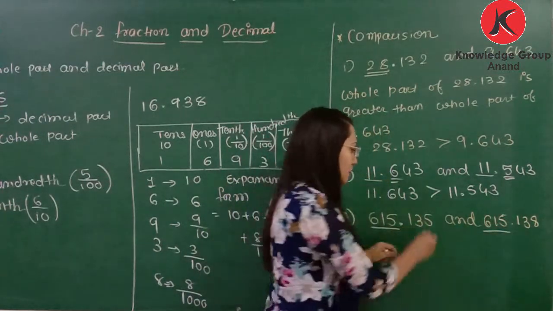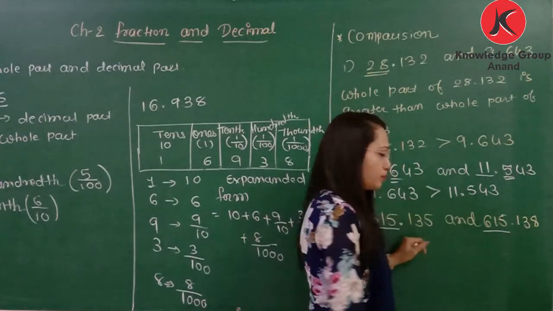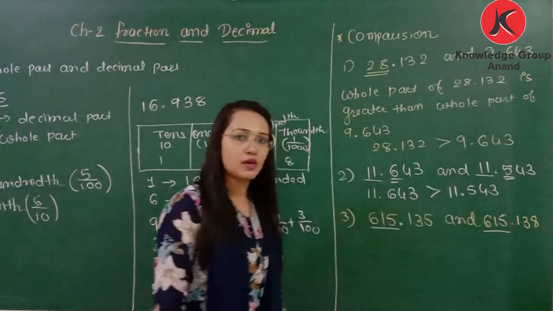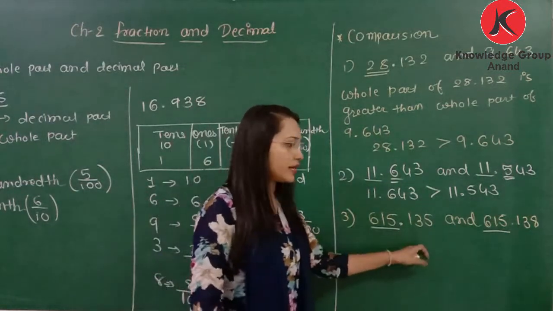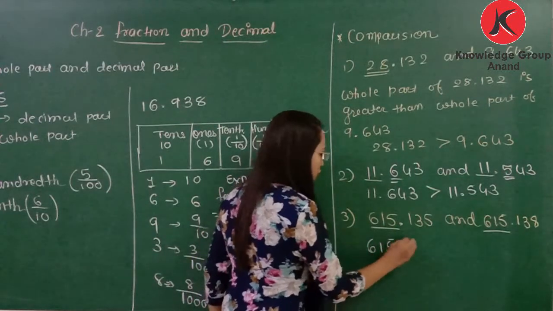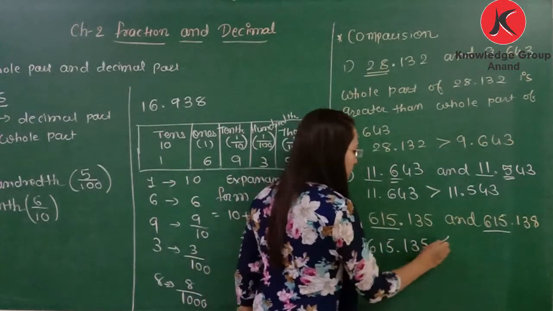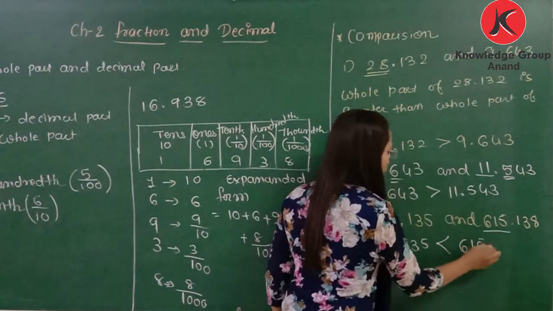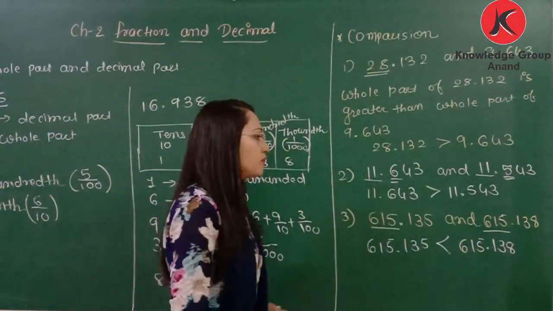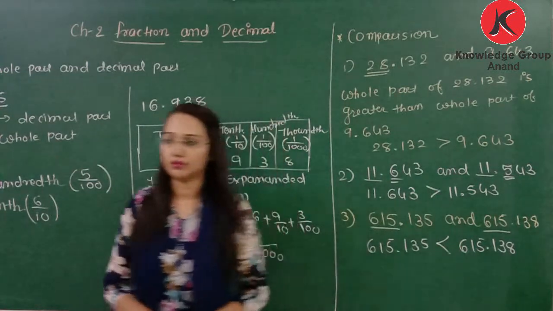Now the 100th part is 3, here it is also 3. Now here it is 5 in the 1000th part and in the next number it is 8. So which one is greater? 8 is greater. So 615.135 is less than 615.138. This way we can perform the comparison of decimal numbers.